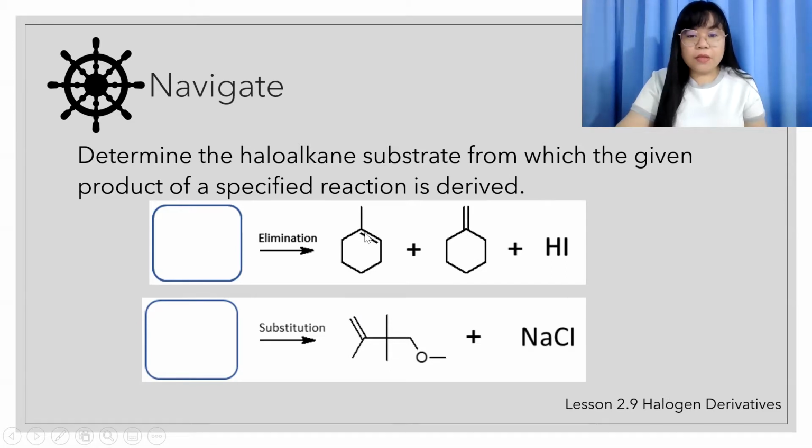And if the double bonds are located on this bond and this bond, then the halogen would have most likely been attached to this carbon here. Also, notice that the other product is HI, therefore, the halogen atom here would be iodide.